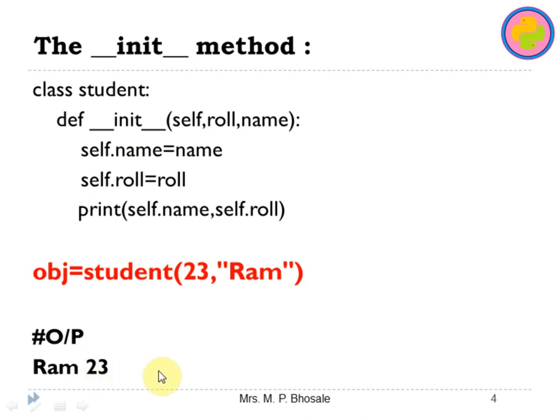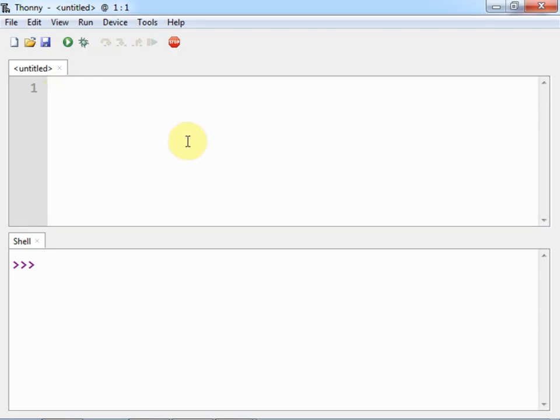Now for demonstration we'll go to the Thonny and we'll write one example. First we will write one class, suppose class person colon, and I want to write the constructor for this person class. So I will write here def __init__.